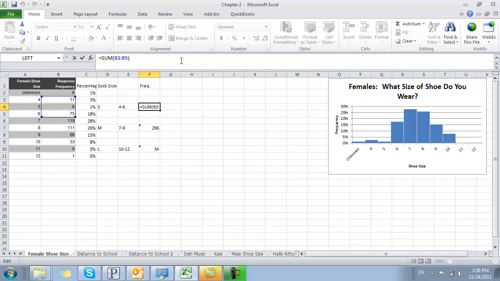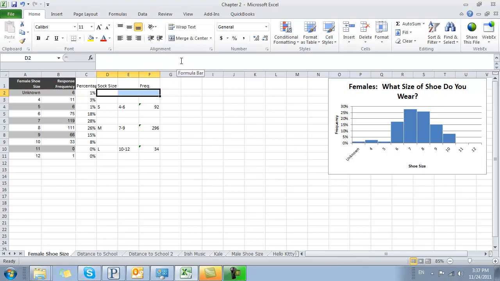Well, I could, if I wanted to, create a separate group called unknown, UK here, and make it equal to that 6. But if I'm a shoe store trying to stock socks to match my shoes, and this is the data I have, this is what's going to tell me how many pairs of small, mediums, and larges I need.